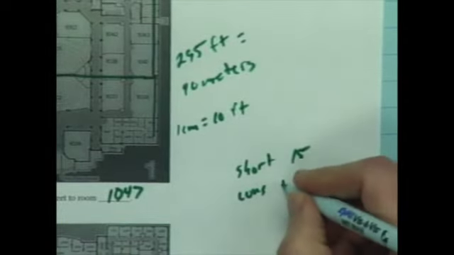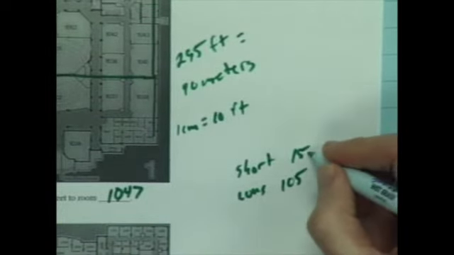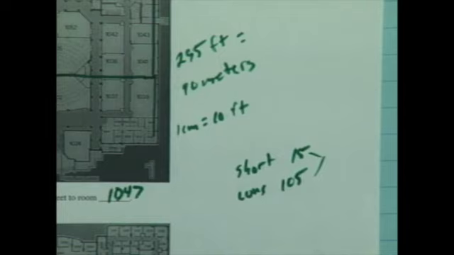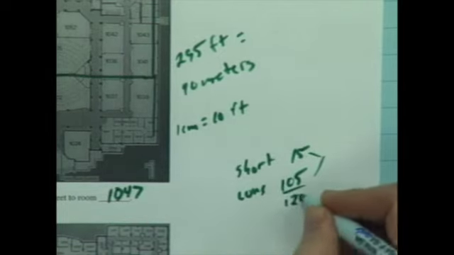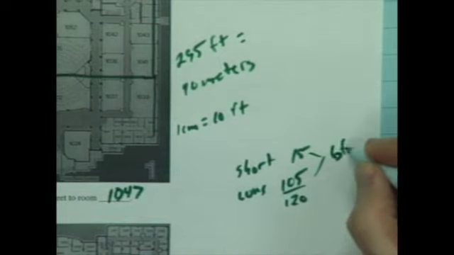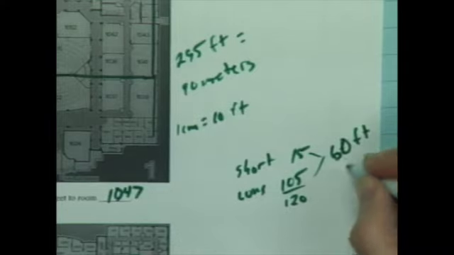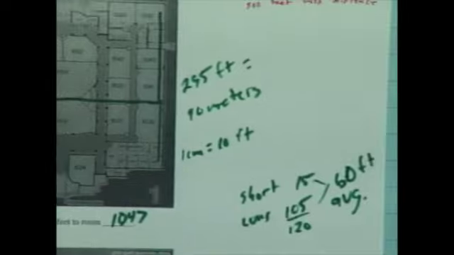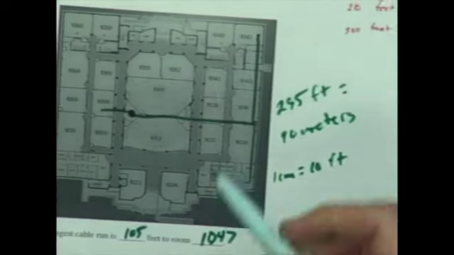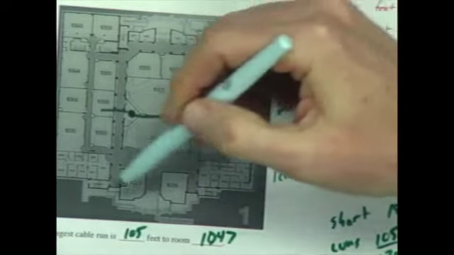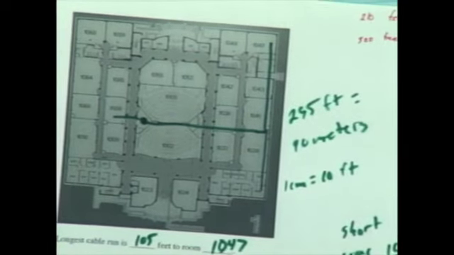The longest, I'm writing this over here, is 105. Average of those two, so a 60 feet average. All right. And with my average, I'm just going to multiply it by the number of rooms in here. I'm just going to get an approximate value, right?